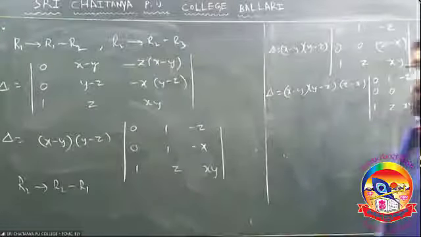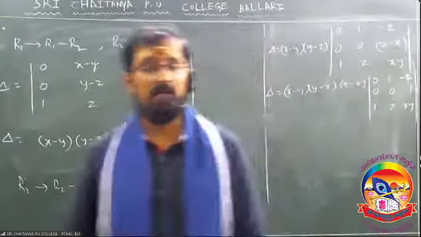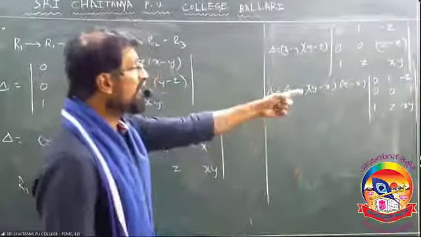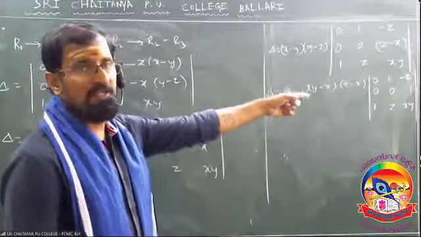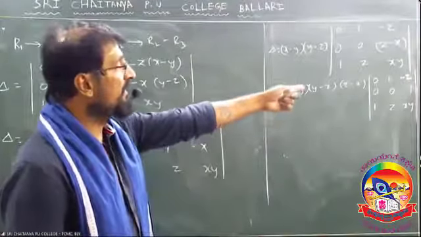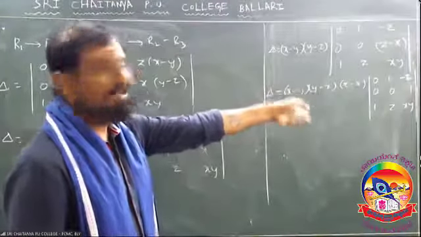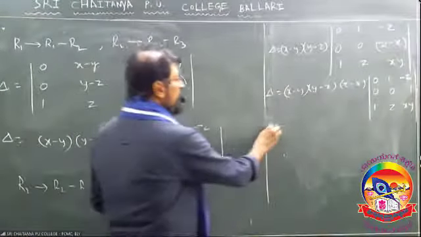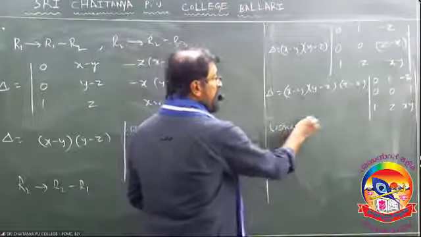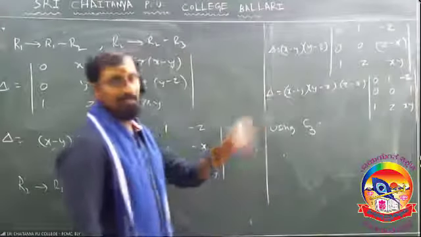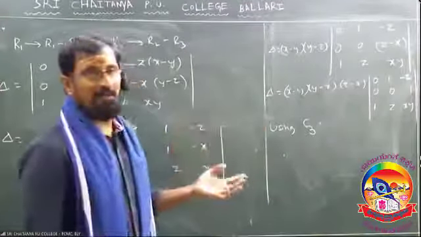Now you can use column 3, third column. See, observe, the third column became very easy now. That means it is very shortened. That is minus z and 1 xy. Now simply using C3, column 3, okay, we are going to evaluate the determinant.